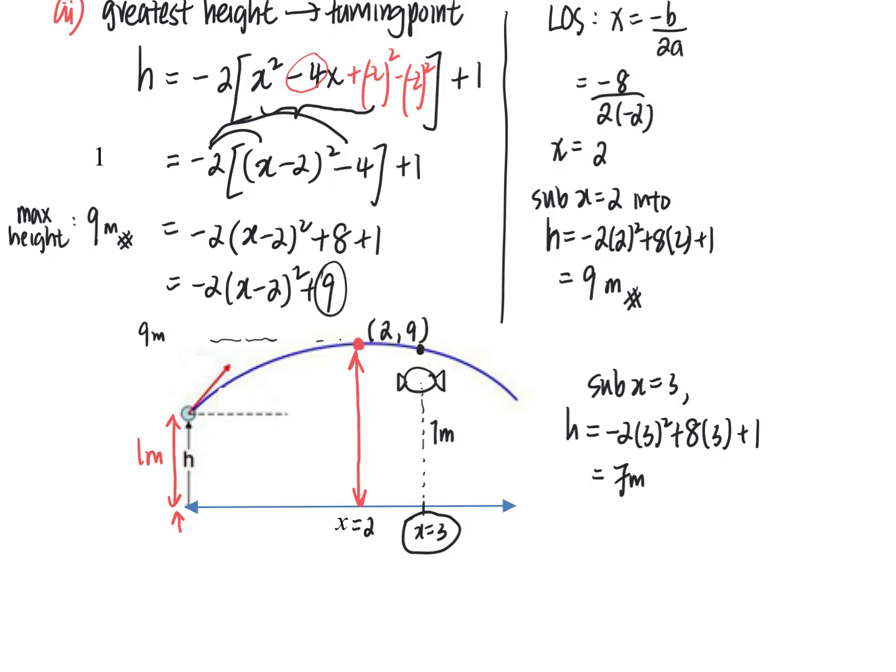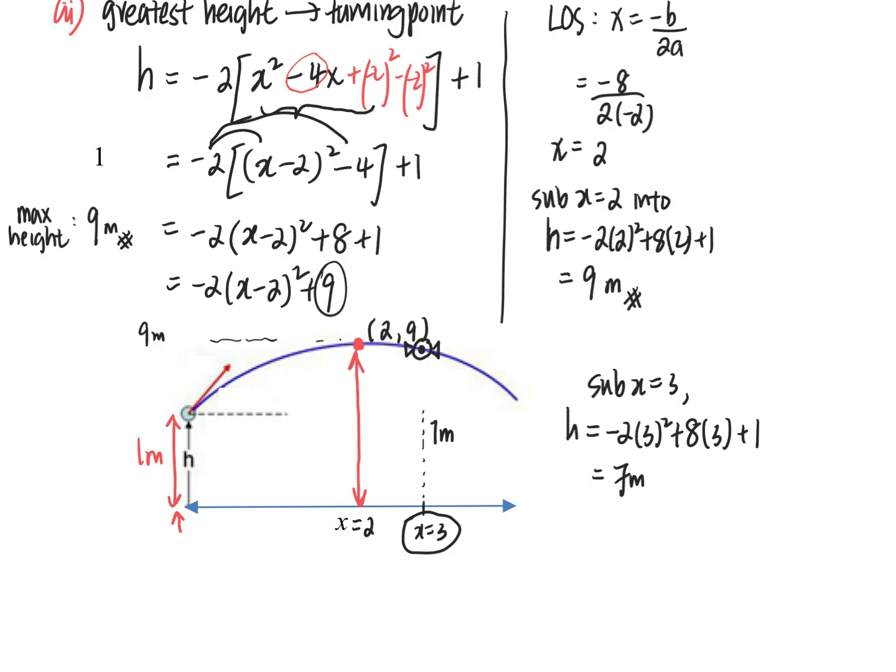9 minus 18 minus 24. Correct? So it's exactly at 7. So meaning the toy, just nice, so perfect, is where the ball is. So the ball will hit the toy.